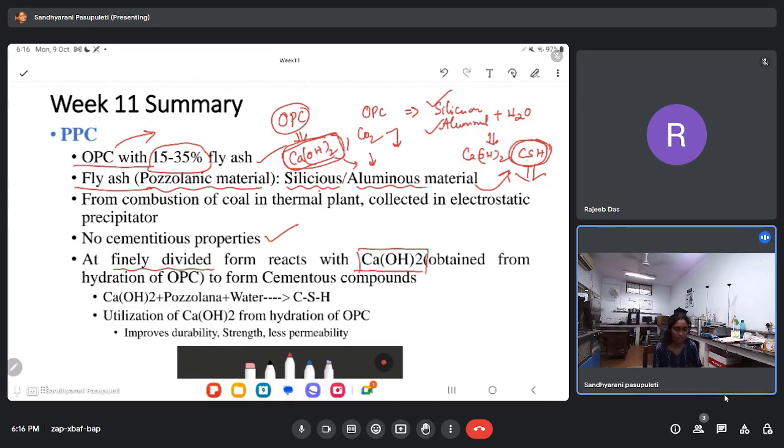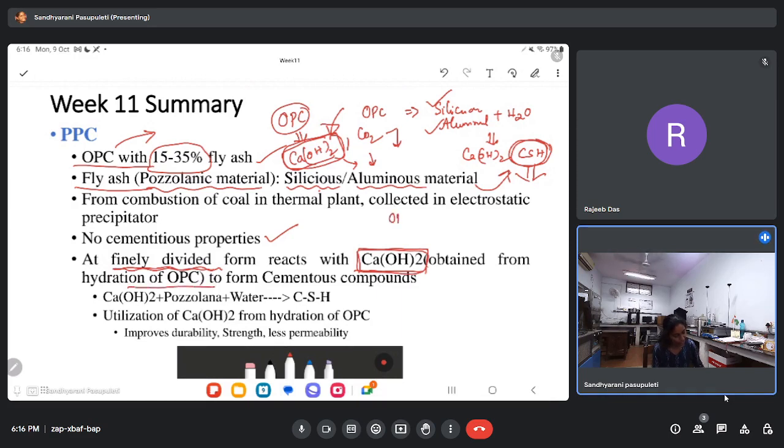That is the reason why we are using all kinds of pozzolanic materials like fly ash or GGBFS or any other pozzolanic materials or admixtures, so that they react with this calcium hydroxide to form some cementitious compounds. So the finely divided fly ash reacts with the calcium hydroxide, which is usually obtained from the hydration of OPC.